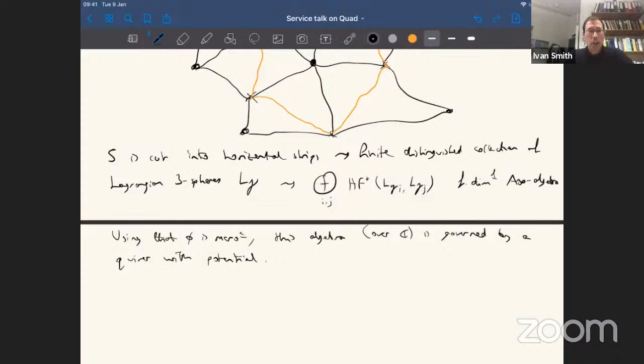Okay, so the vertices of the quiver correspond to these Lagrangian spheres.